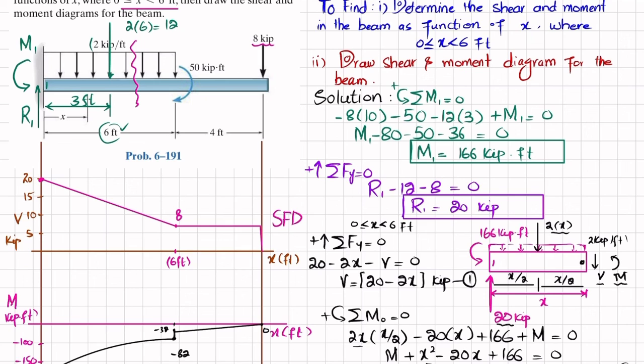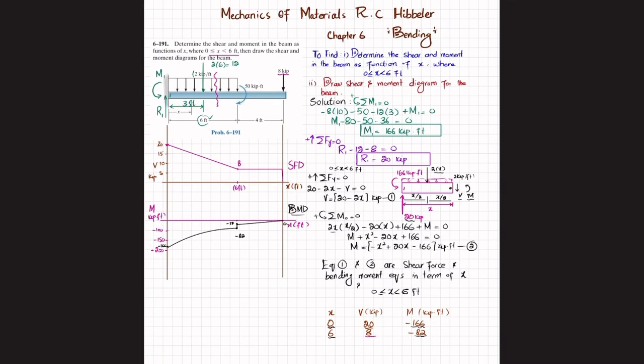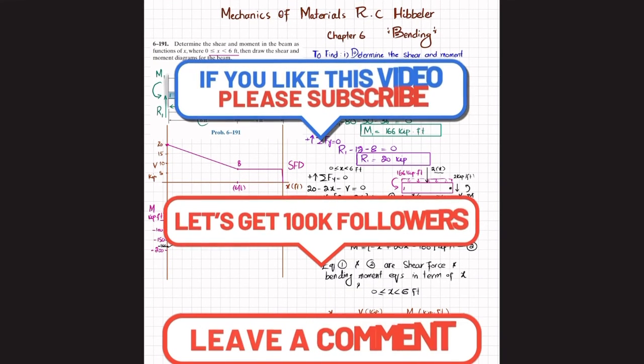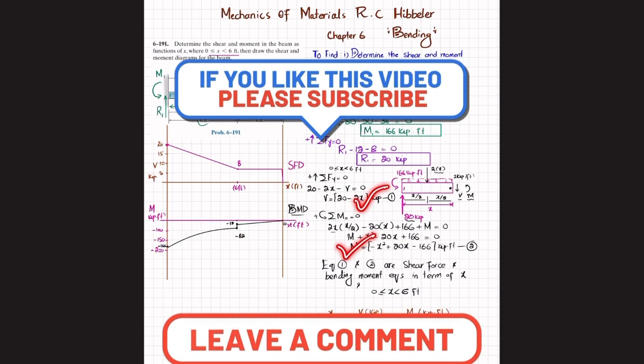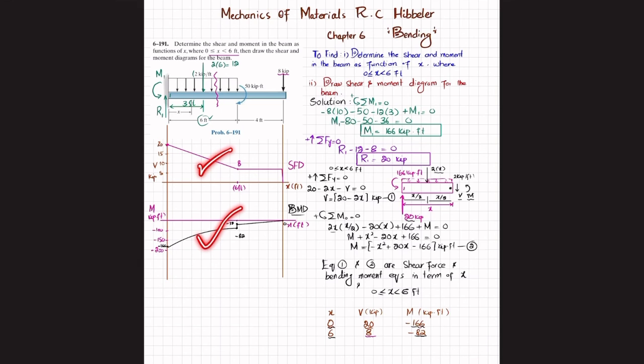Clear? And that will be your bending moment diagram, which is the answer of our second part. So that was all about problem 6-191, in which first we solved the shear force and bending moment equation in terms of x, and then we drew the shear force diagram and bending moment diagram.